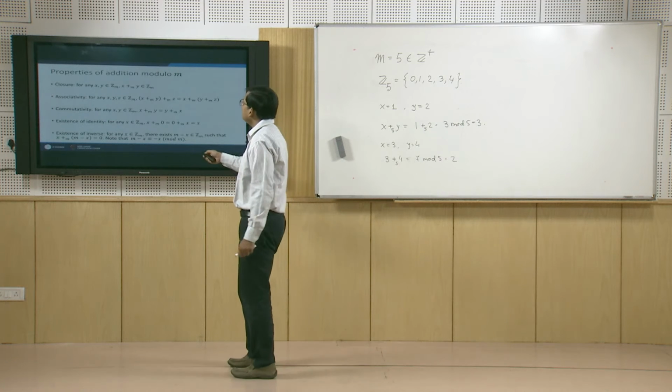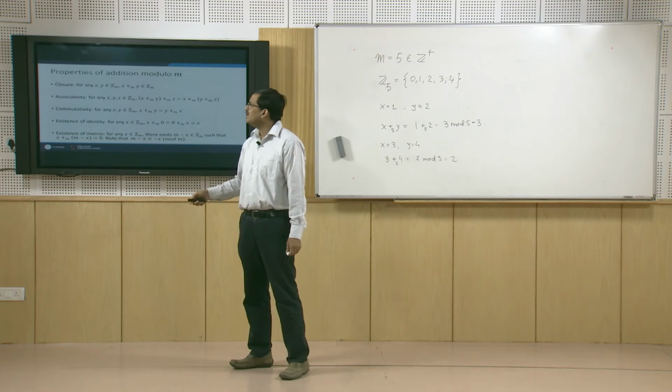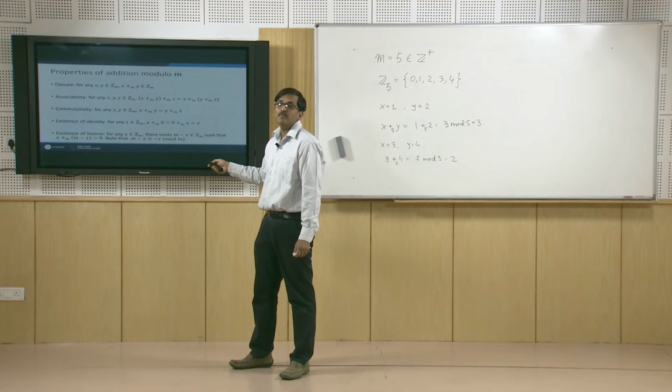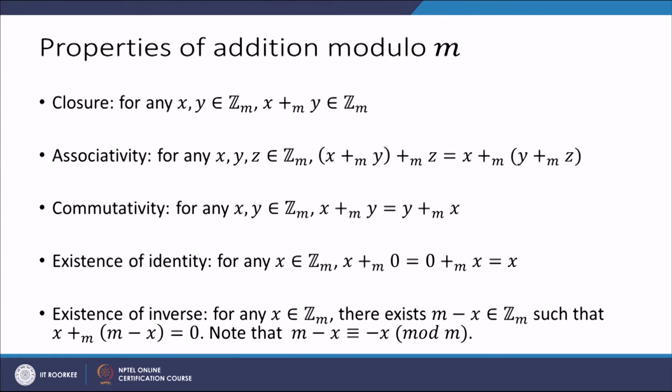We can always check that if we have two numbers inside Zm, that is between 0 and m minus 1, their sum, the modular addition modulo m, is of course going to be inside Zm, and then we have associativity, that is x plus y plus z is going to be x plus y plus z, and then we have commutativity, that is for x and y in Zm, x addition modulo m of y is going to be y addition modulo m of x.